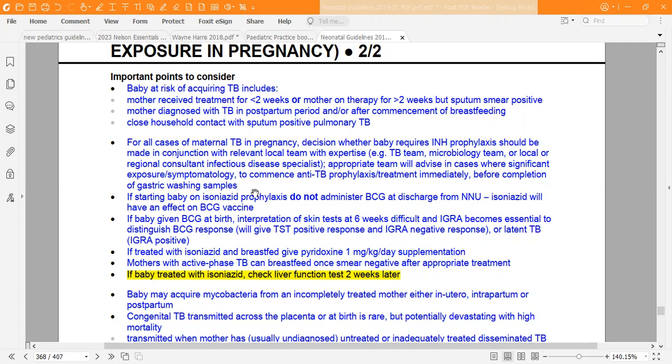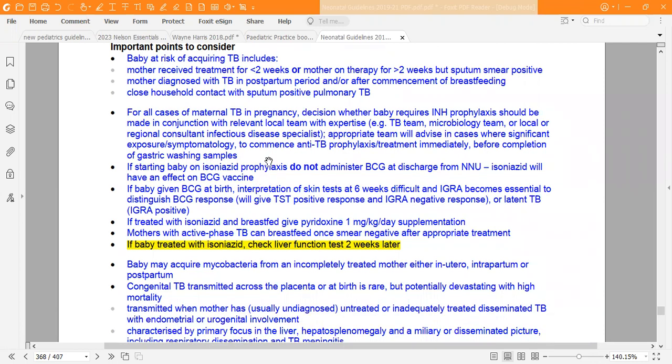So again, this guideline insists on involving the teams as soon as possible to decide what kind of treatment to give and when to commence the prophylaxis as well.